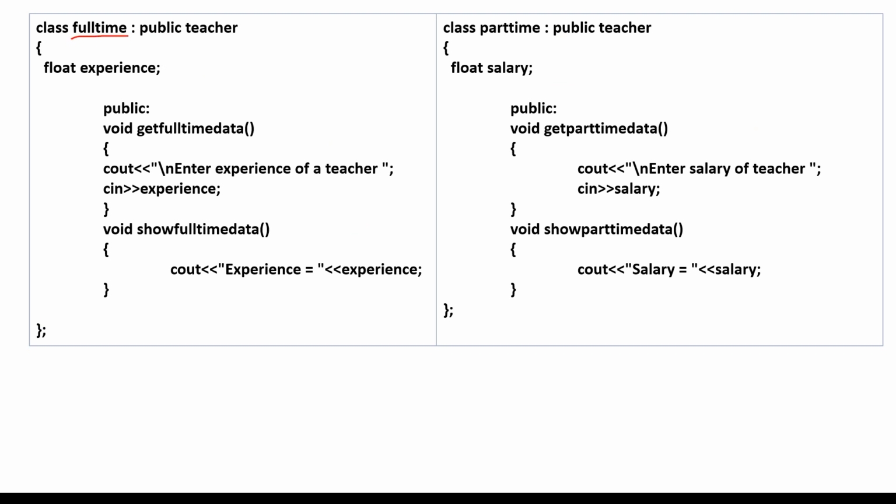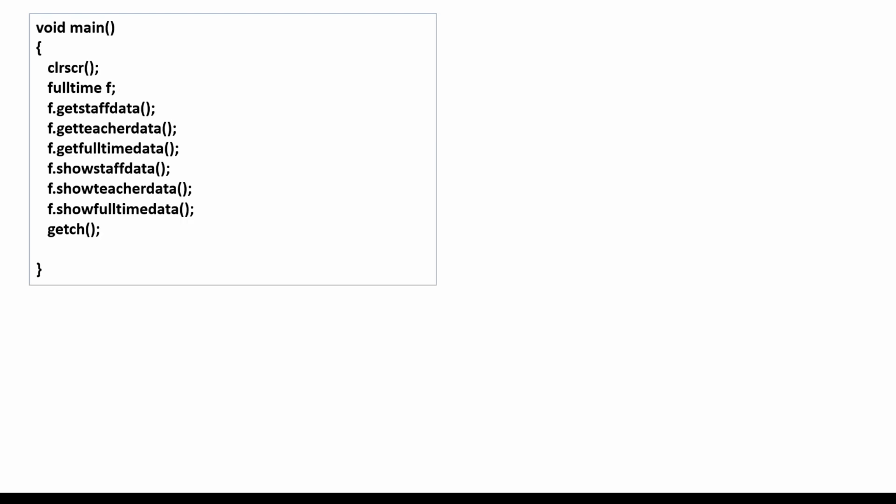Now class full-time is derived from the teacher class, having a variable experience, and two functions to get experience and show experience. Similarly, the part-time class has float salary as a variable and two functions to get and show the salary. And finally, you have a full-time object F: get staff data, get teacher data, get full-time data, show staff data, show teacher data, and so on.